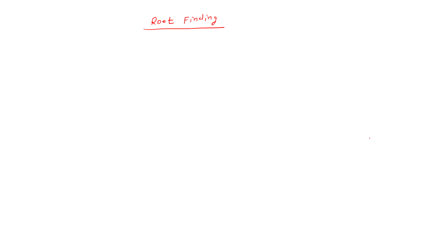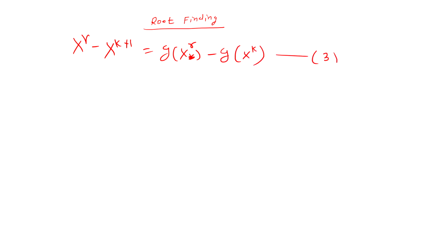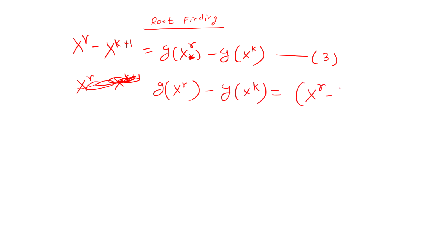So the third expression was x r minus x k plus 1 equal to g of x r minus g of x k, and the fourth expression was g of x r minus g of x k equal to x r minus x k times g prime chi.